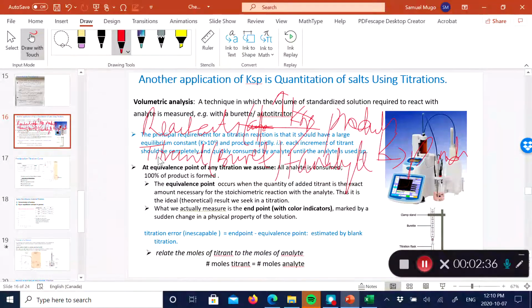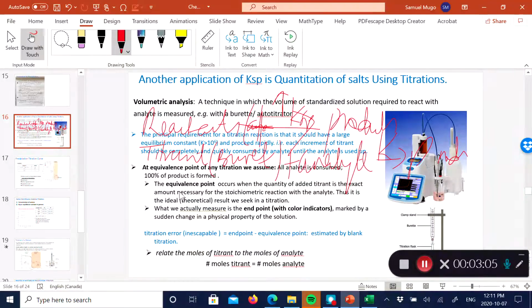And like I say, the stoichiometry is known, so if you know the number of moles of the titrant reacting with the number of moles of the analyte whose concentration you don't know, then you can do a mole equivalent kind of calculation and determine the concentration of the unknown. Now remember, when you're doing titrations, you're looking for the equivalence point.